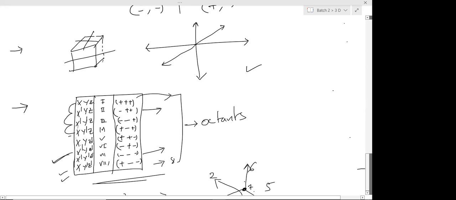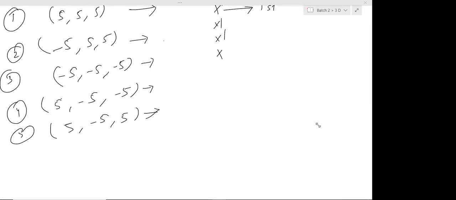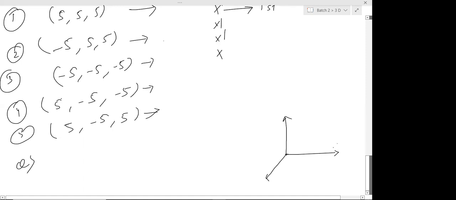All right. Try to solve next question. This is point P. This is origin.